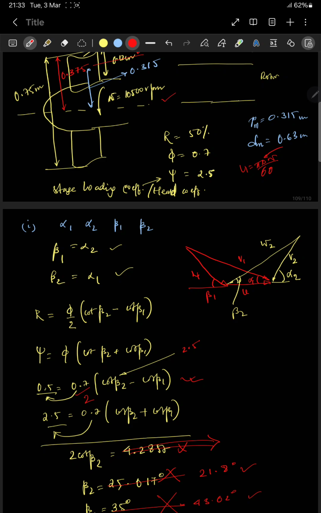So we have pi into d. D is how much? 0.63 into 10500 divided by 60, which is equal to 346.36 meters per second.